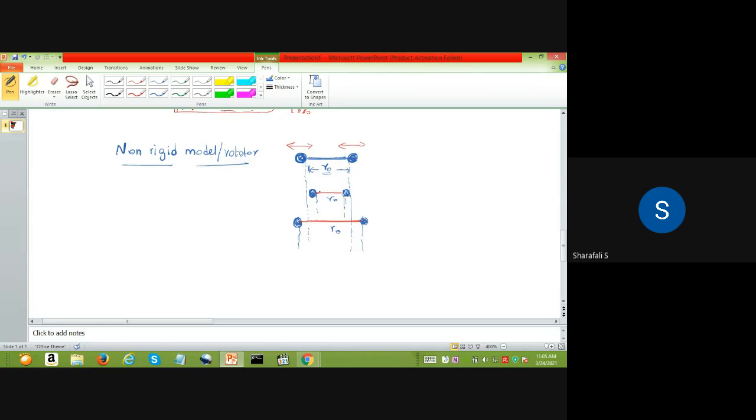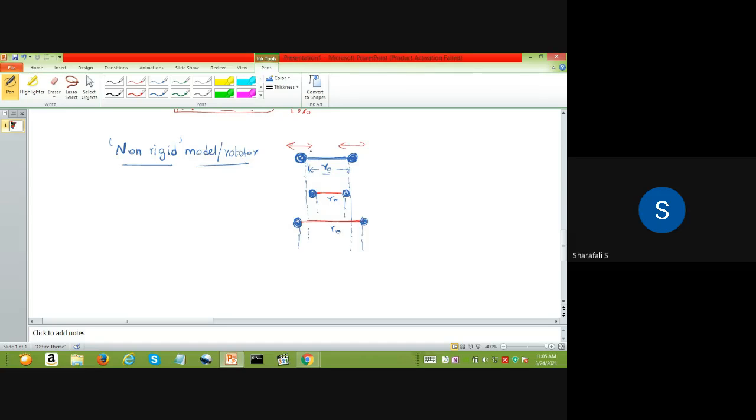So in this case, we cannot call this diatomic molecule a rigid diatomic molecule because its separation is varying. That bond length is varying or vibrating. That is the case of the non-rigid model, or non-rigid molecule, or non-rigid rotator.